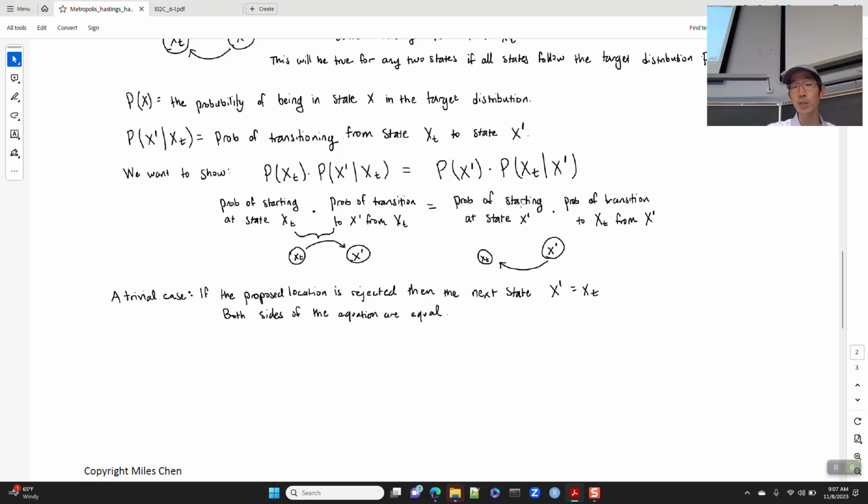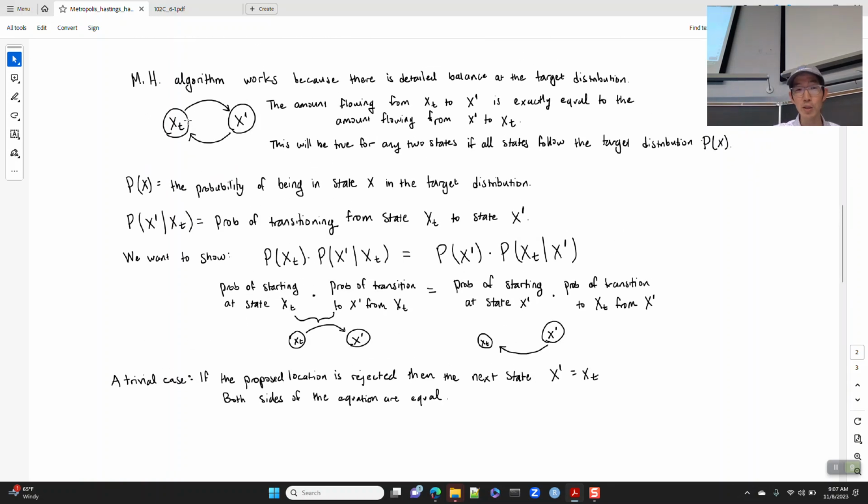That would be the probability of starting at state x prime times the probability of transitioning from x prime to xt. So we want to show that the amount flowing from this state to this state, this arrow, is exactly equal to the amount flowing in the opposite direction from x prime to xt.